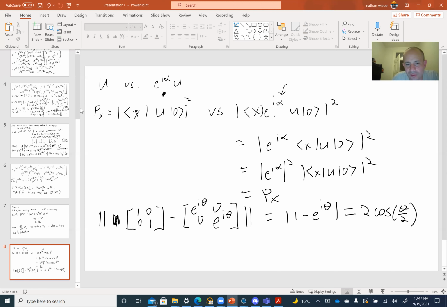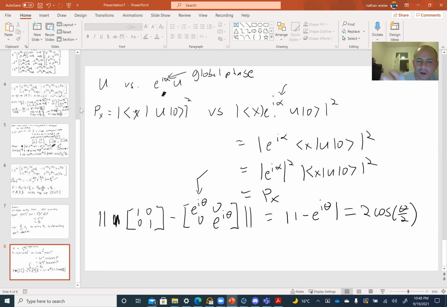This, you can see, is not 0, even though these two matrices, from the perspective of quantum theory, predict exactly the same thing for every outcome. So this is one of the reasons why we have to be careful with the definition, to make sure that we count whatever overall totally unnecessary phase is included in the definition of these transformations, even if it doesn't end up affecting the underlying statistics. And this phase over here is often known as a global phase.